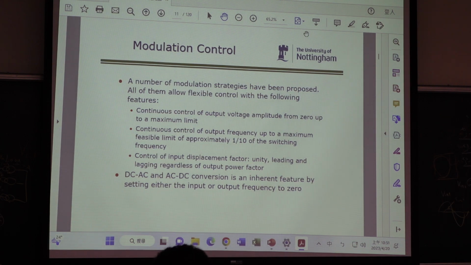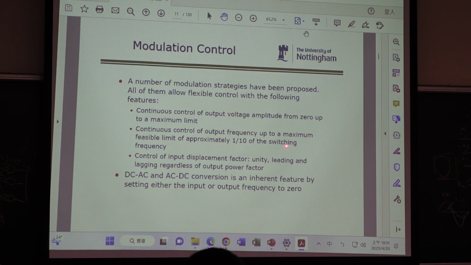Modulation control. How can we decide when should we turn on, when should we turn off? So continuous control of output voltage amplitude. So output voltage can go from 0 to maximum. And the output frequency can go from 0 to how many? To 10% of switching frequency.